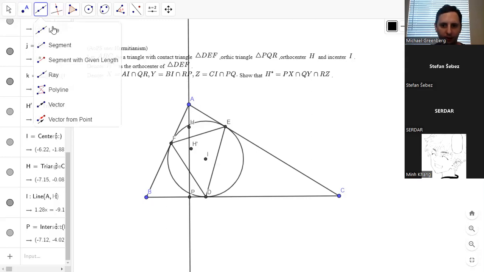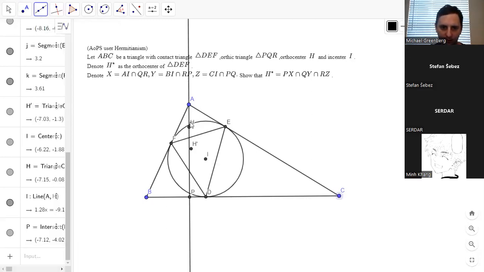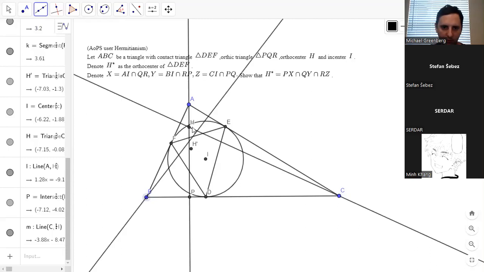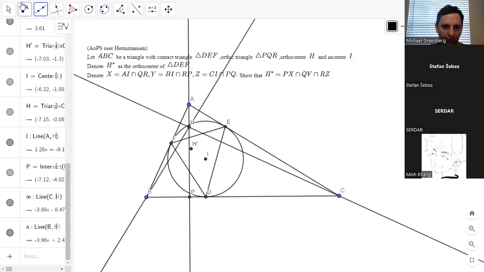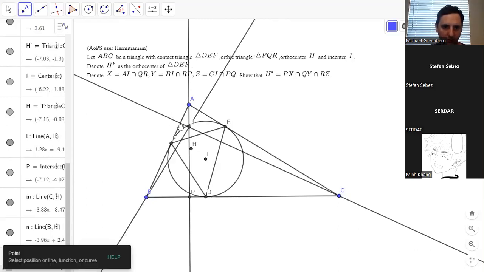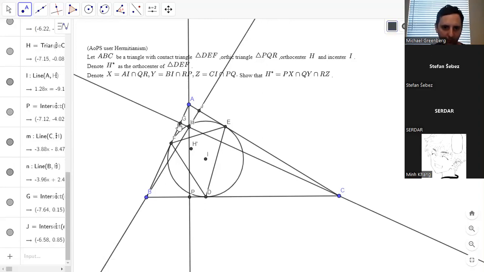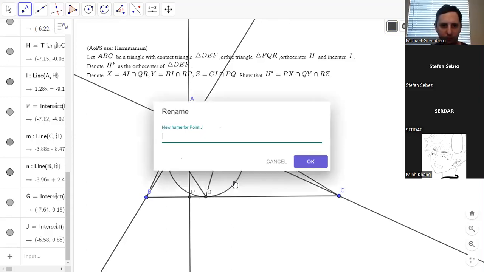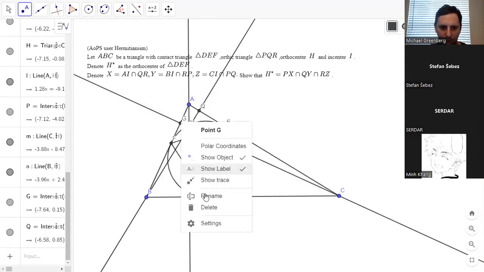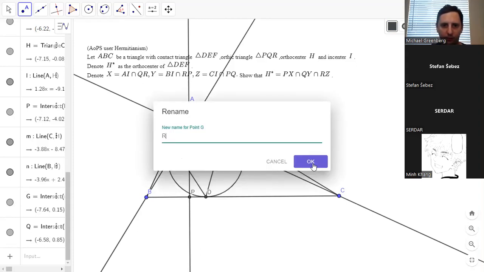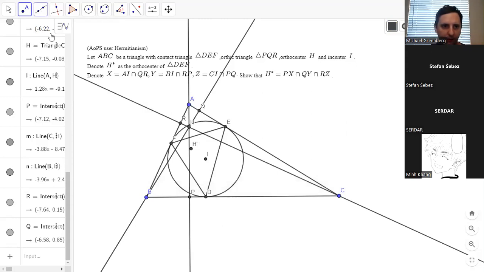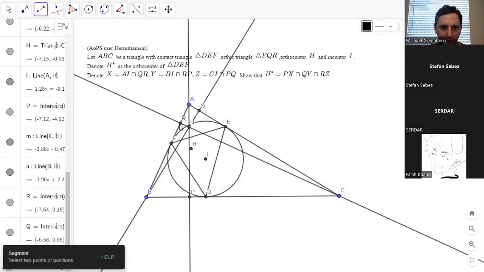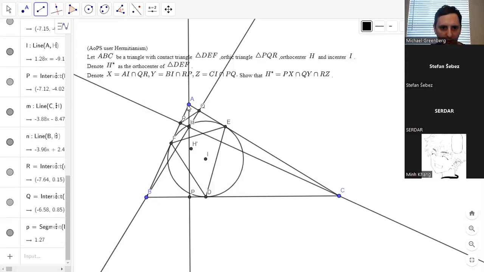Okay. So P, Q, and R. And then we draw AI intersect QR, and we want to show that H lies on PX.